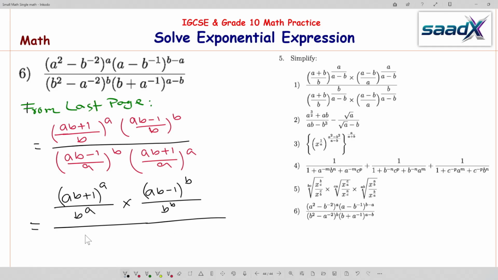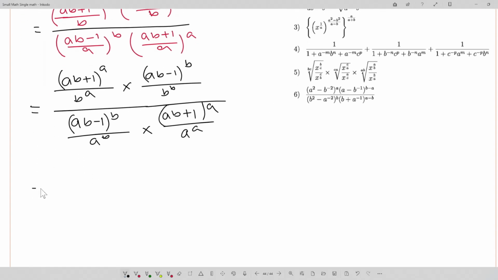Next, here (ab minus 1) to the power b divided by a to the power b times here (ab plus 1) to the power a and a to the power a, okay. So here is numerator and denominator. We know once numerator is a fraction and denominator is a fraction, the denominator fraction will be flipped.